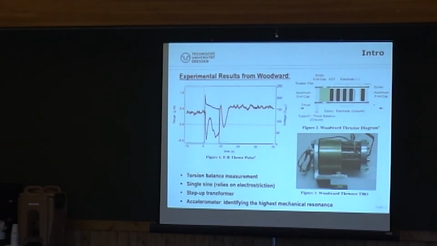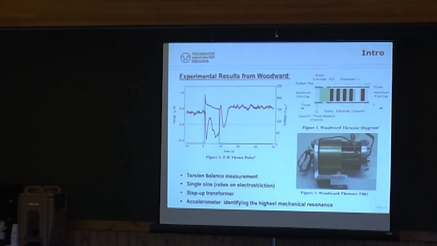So we should see a reversal in the thrust, and the difference should then give a net thrust. In this case, for about 150 or 200 volt amplitude on the thruster, we have about 0.8 micronewton. So this is what we want to replicate. This is what we want to see in our own experiment.